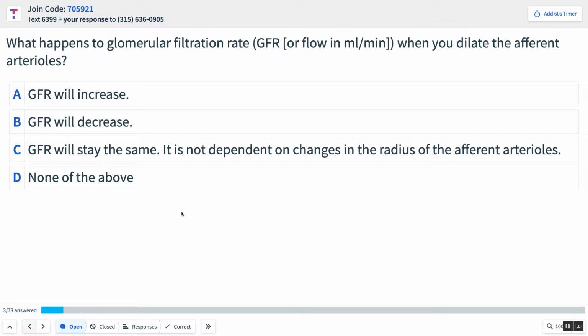The flow is called glomerular filtration rate, and it is the flow across the glomerulus. A, GFR will increase; B, decrease; C, stay the same; or D, none of the above?